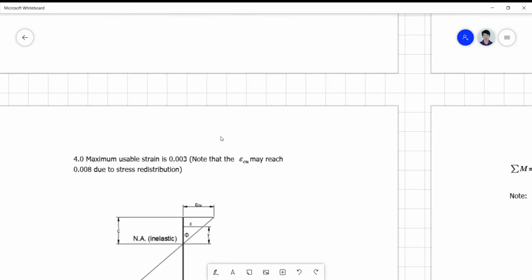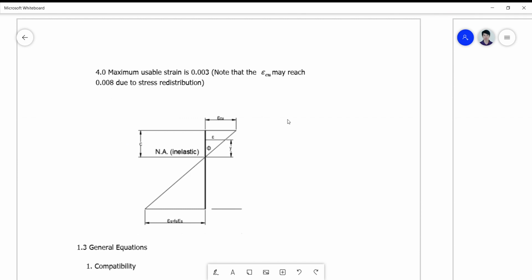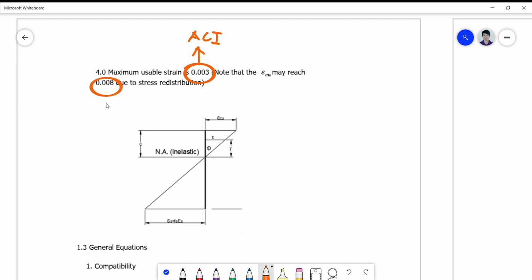And the last assumption, if not the least: we can only use a maximum usable strain in the ACI as 0.003, but it can reach 0.008. In fact, the British code uses, I think, 0.004. So it can reach 0.008 due to redistribution.